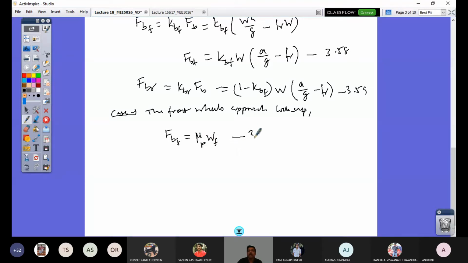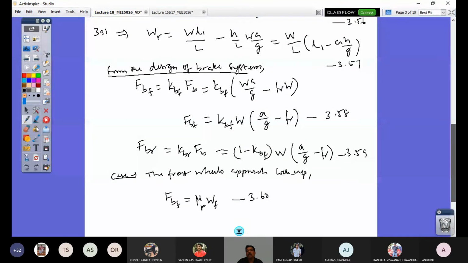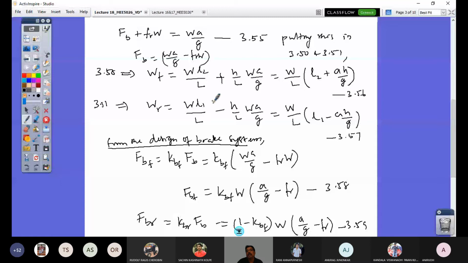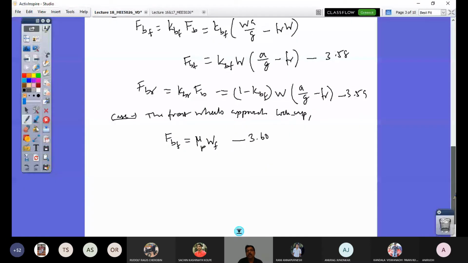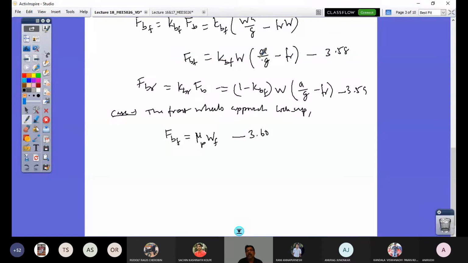So that's the equation number 3.60. If that is so, then you can now substitute your WF. What do you have from this equation? What is your WF? W by L into L2 plus AH by G. So you can substitute that here, and on one side you have this.